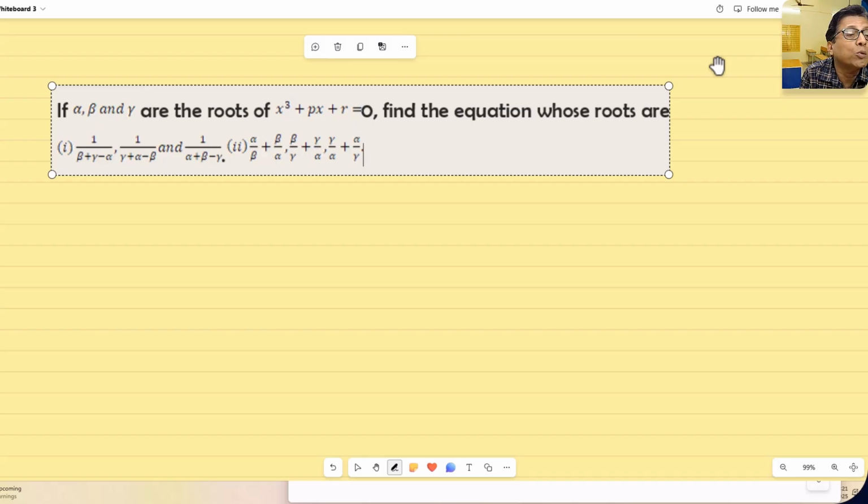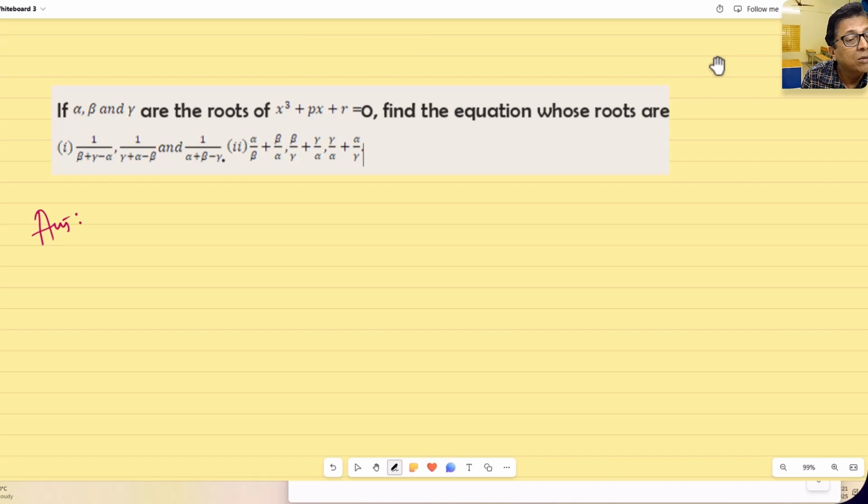So what to do? Better transform. We frame an equation whose roots are of this form. You target one of the roots, and express in terms of one of the roots of the equation.